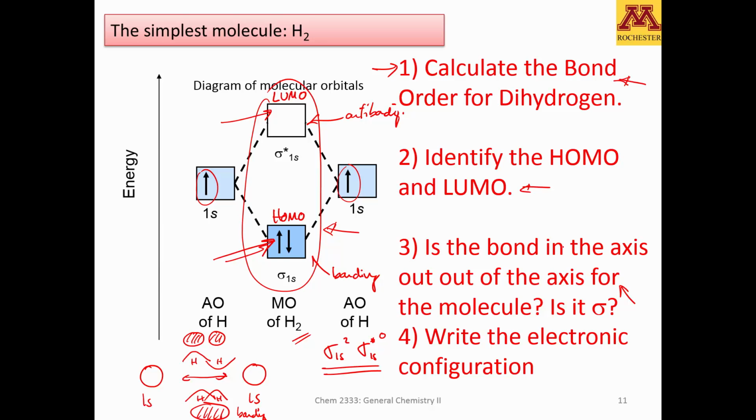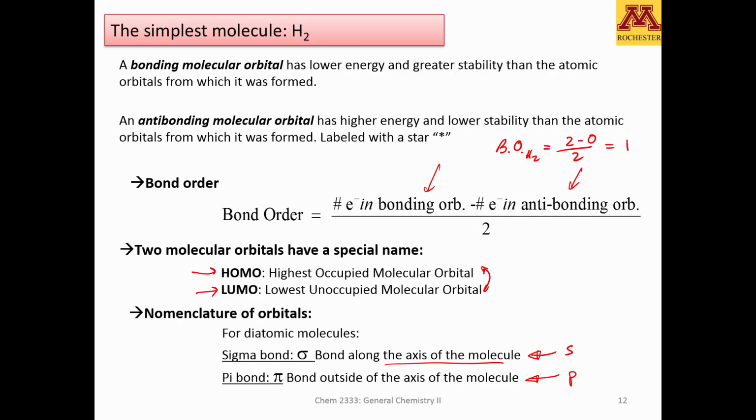We did that. Is the bonding in the axis or out of the axis of the molecule? Is it sigma? It's not outside of the axis. Notice that the bonding takes place between the atoms, therefore it's a sigma molecular orbital.